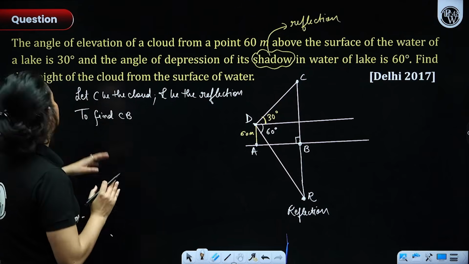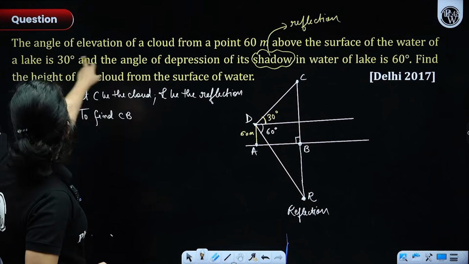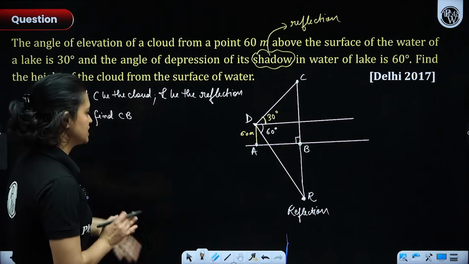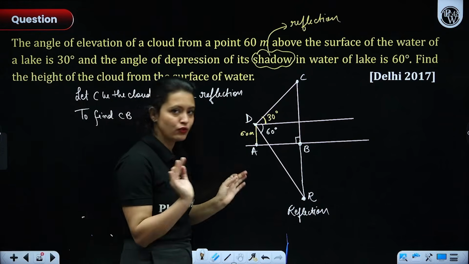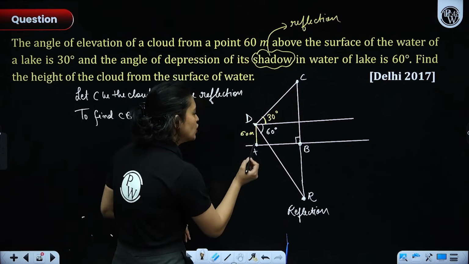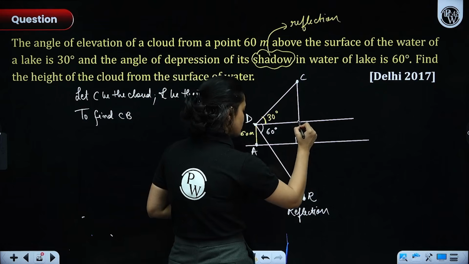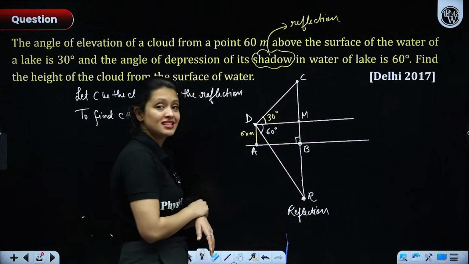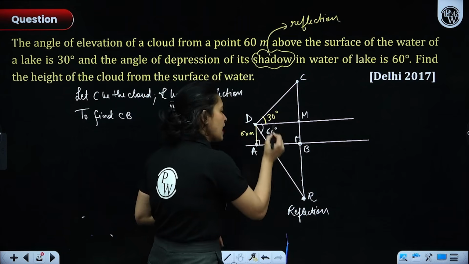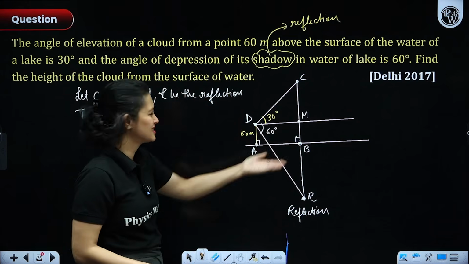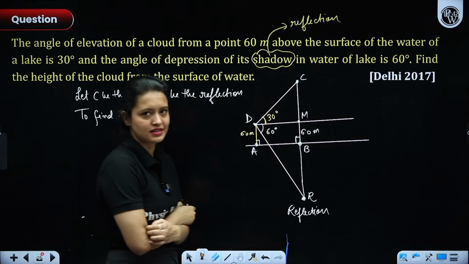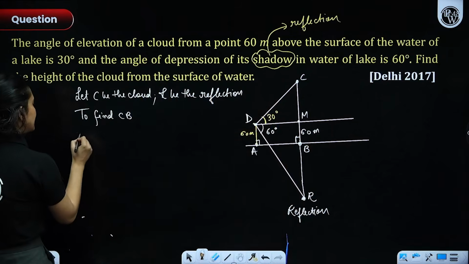Theek hai? Okay. Now, what else is given to you? We are given this as 60 meters, so I have written it down and nothing else is given to us. Theek hai? So first of all, everyone, let's see what all we can figure out from the diagram itself. AD is 60 meter. Now, notice that, let's just suppose that this is M. So ABMD is a rectangle because this again is 90 degree, this is 90 degree, and opposite sides are equal. So clearly this is a rectangle, everyone. So from here I can say that this is 60 meters. Chalo, so let me write that down quickly.